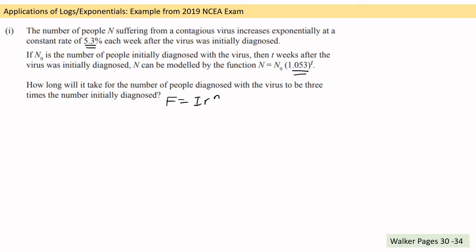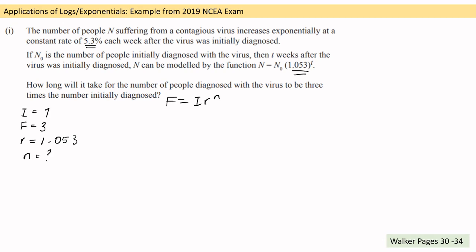We haven't been given a final or an initial, but we can decide what those would be. So we could decide that our initial amount is going to be 1 person, and then our final amount will be 3 people because we're looking for the virus to be 3 times the number of people initially diagnosed. We know that our rate of change is 1.053 and we want to find N.